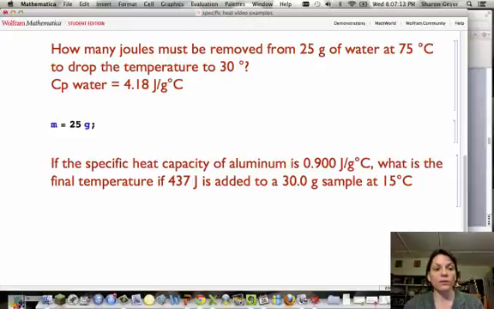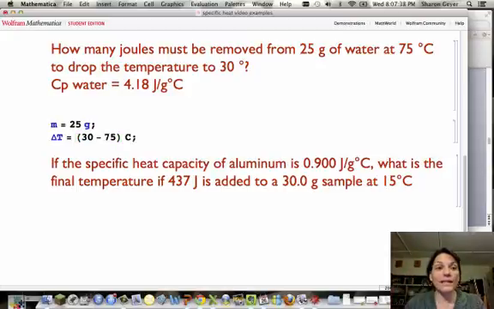Delta T, why don't we go ahead and put it in there as delta T this time. Delta T, well, it's the final minus initial. The temperature is going down, so the final temperature is 30. The initial temperature is 75. And I'm going to put that in parentheses, and put my units on the outside.